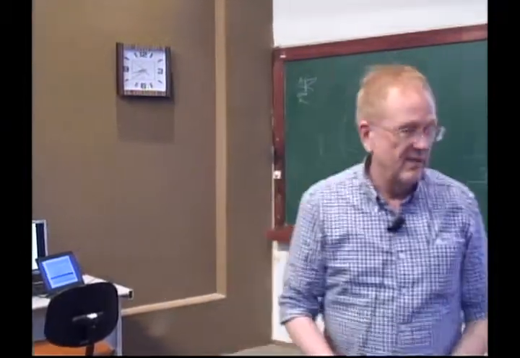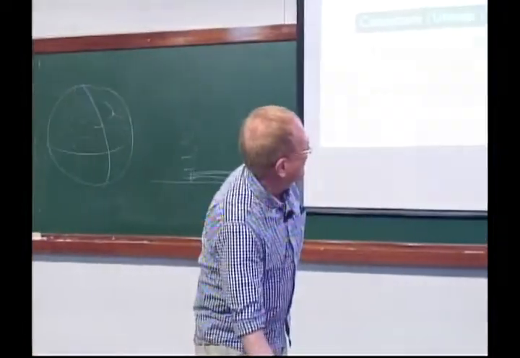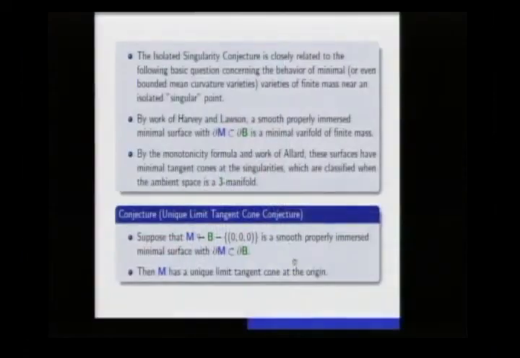So there's this whole question about what is the linear structure at a singularity, and this conjecture says, at least in dimension 3, one has a unique linear structure at the singularity, even if it was immersed. And we can do the immersed version as well.